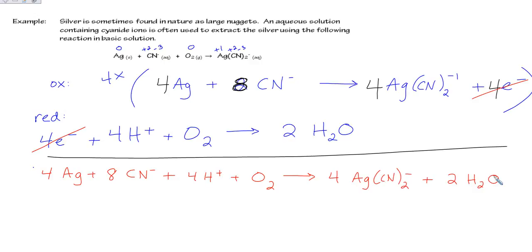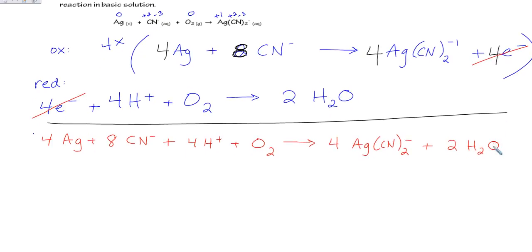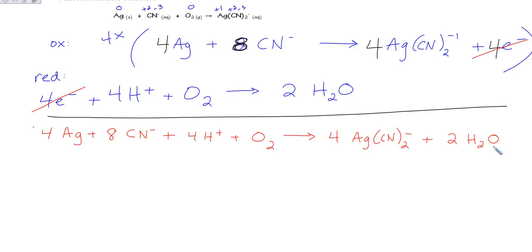You know, the oxygen thing is kind of goofy, but you can just add water to balance the oxygen. So here's what makes this different. If it's in a basic solution, there's hydroxide ions present. Hydroxide has an affinity, has an attraction for hydrogen. Hydroxide is negative.